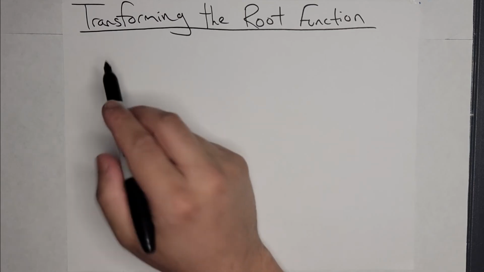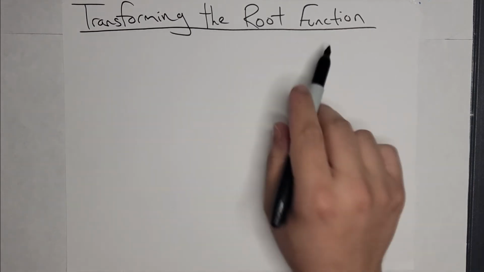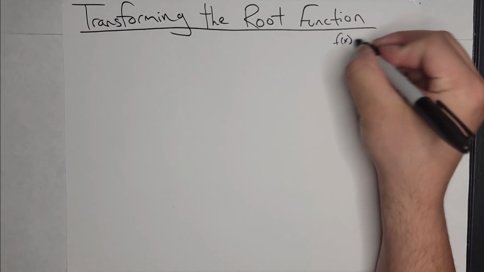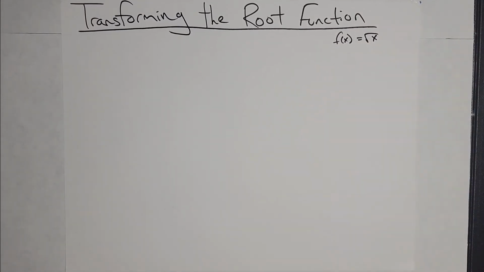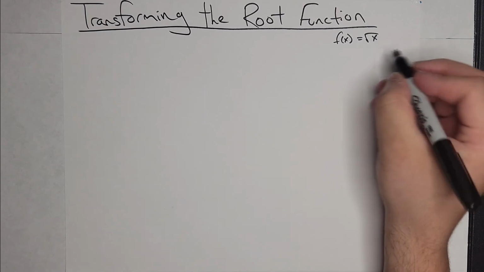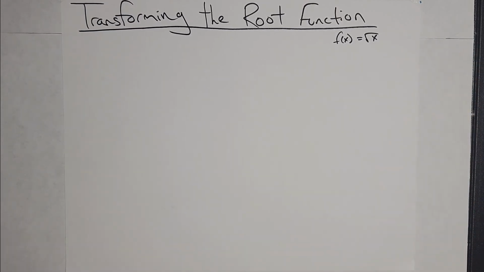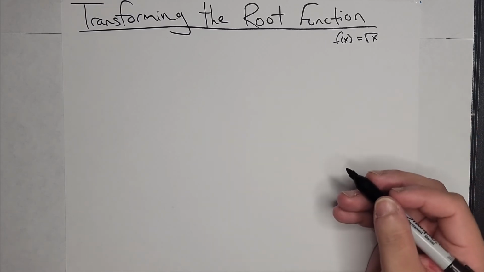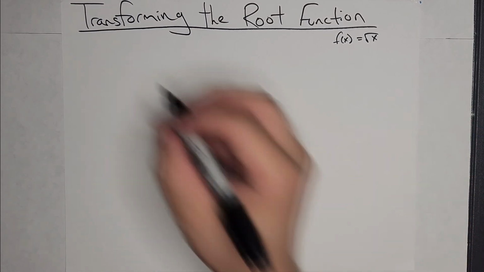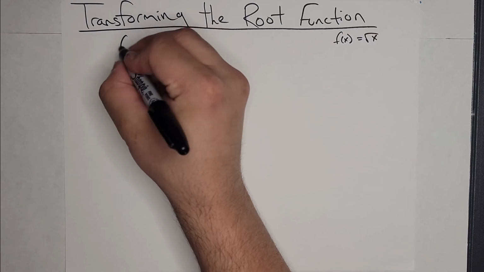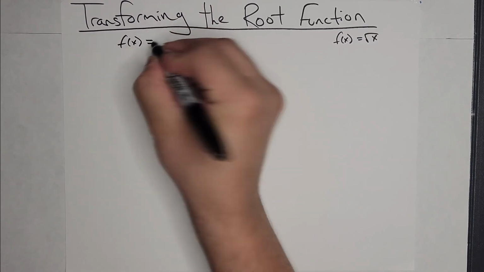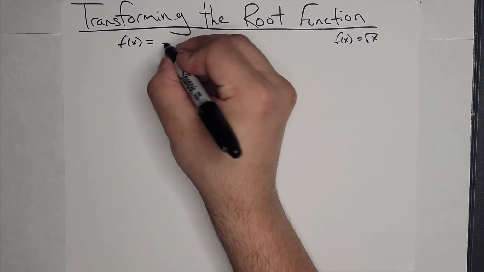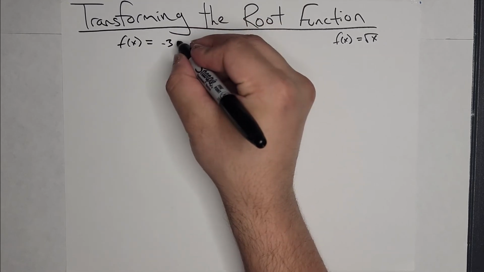Okay, so in this video we're going to be transforming the root function, which, as we recall, is f of x equals root of x, right? So in here, the best way to go about this is to just simply try to graph something in the form of the root function.